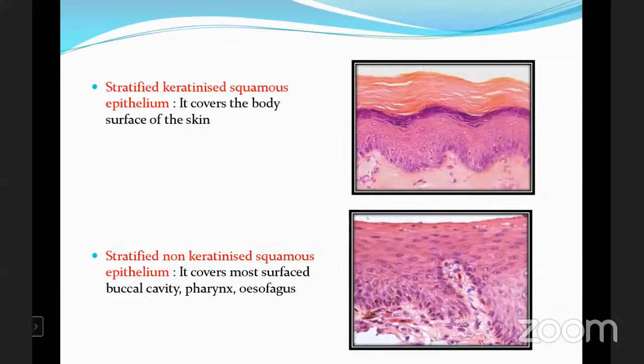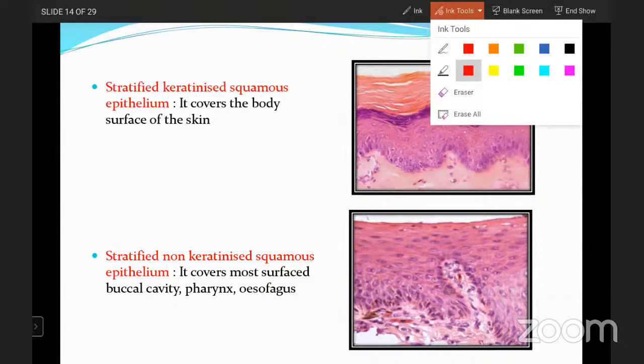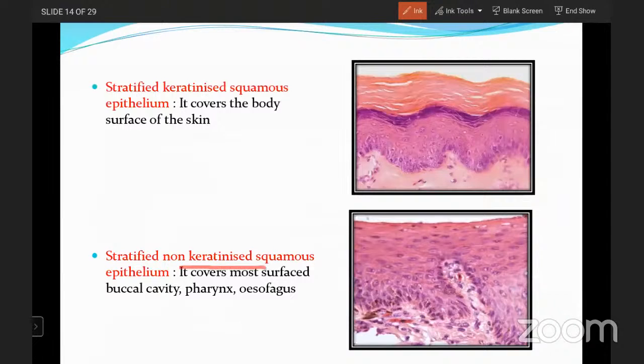Stratified keratinized squamous epithelium. I just explained this. Here it is stratified, meaning more than one layer, but it is covered with keratin. An example is the surface of the skin, which has keratin. And stratified non-keratinized means it does not have a keratin layer, but stratified means more than one layer.